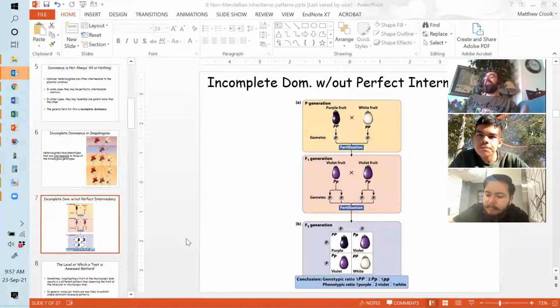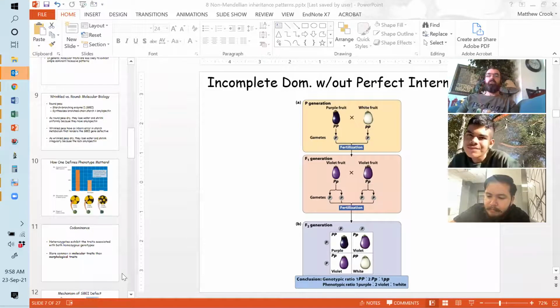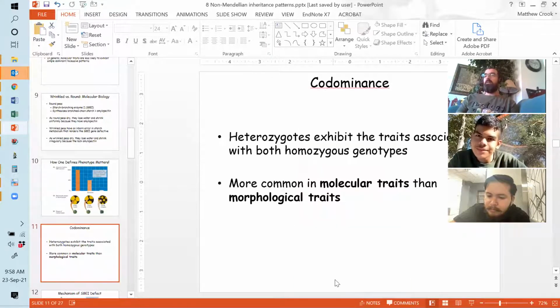Anyway, so the next thing to talk about is something called codominance. I'm not going to use the examples in here because I get tired of talking about peas, to be honest. Essentially, codominance is where both alleles are expressed equally.